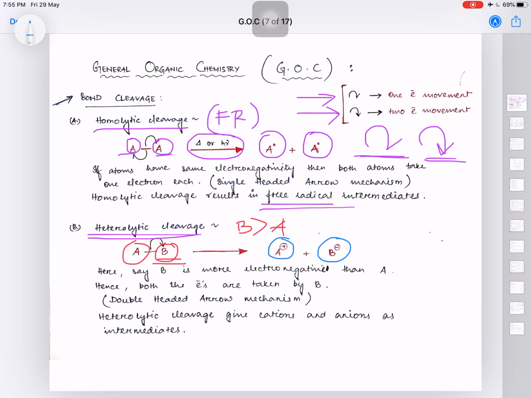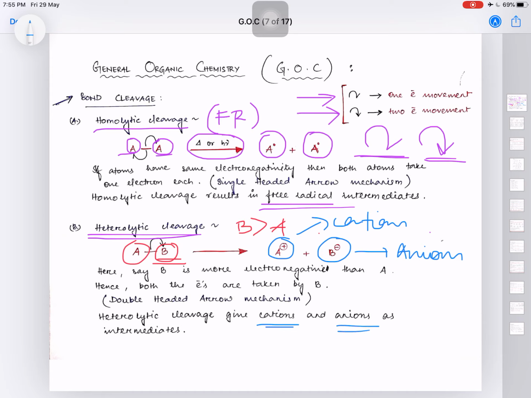So we will get cations and anions. In heterolytic cleavage, the resulting ions are cations and anions.